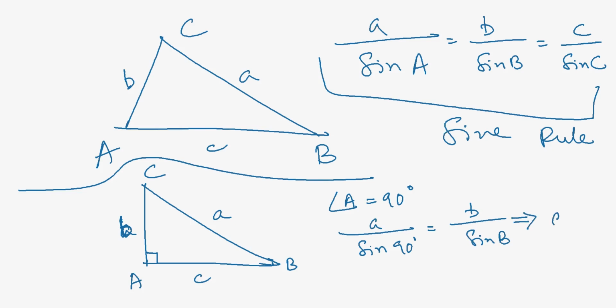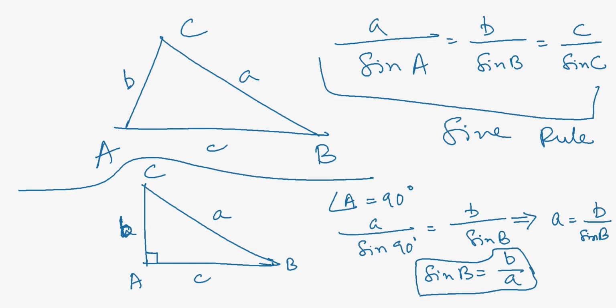Sine 90 is 1. So a equals b by sine B. This tells us sine B is nothing but b over a. This is our original definition. Do you get that?